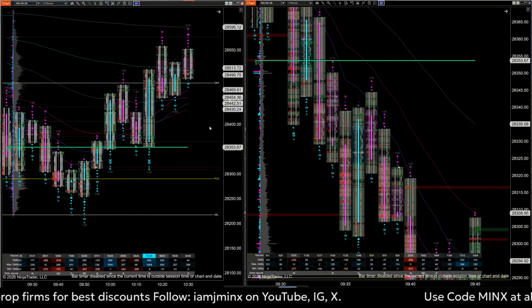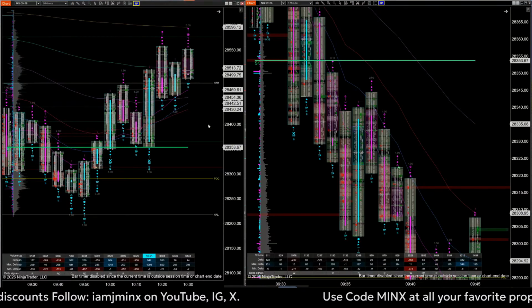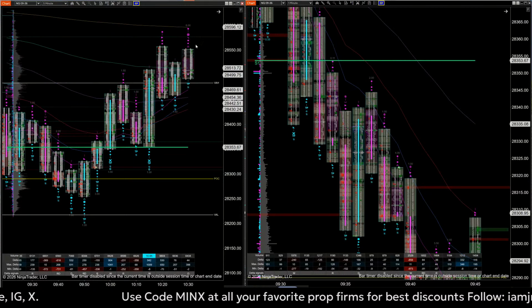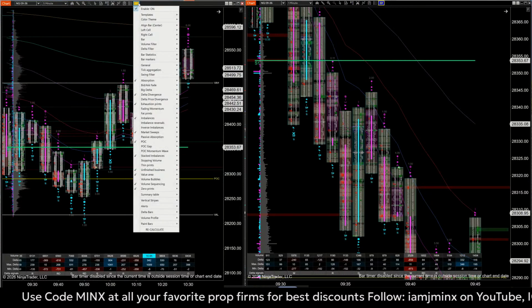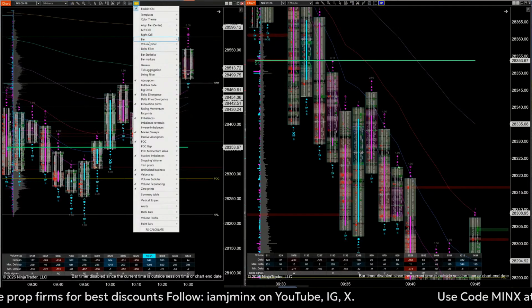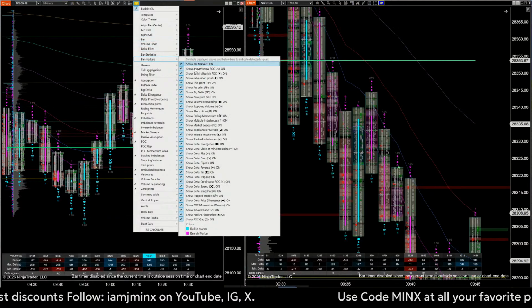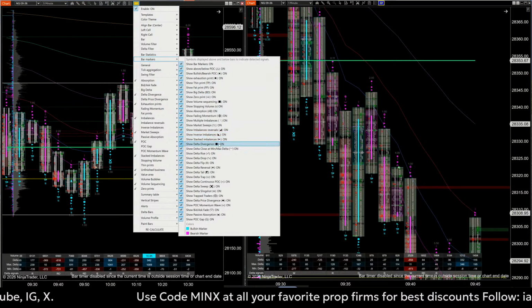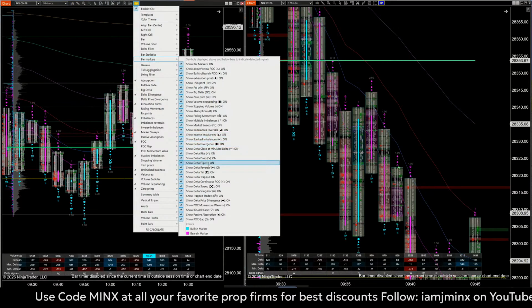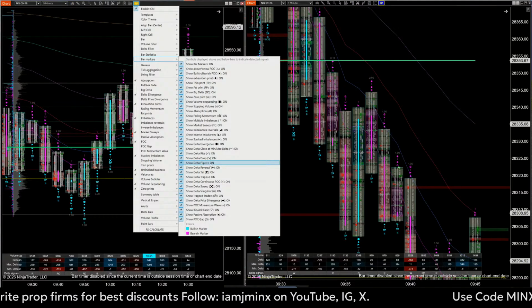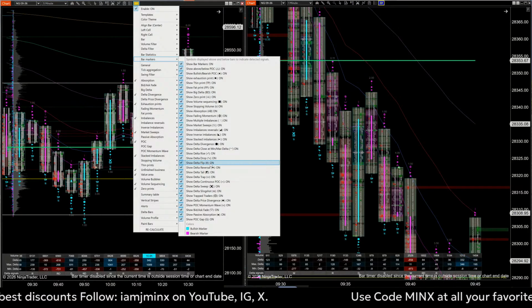Now most order flow footprints do not have these, so I don't need to know every single thing. I don't even need to know what all of these bar markers mean, because when you are trading, your brain starts to recognize patterns.